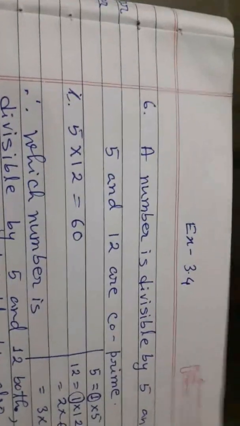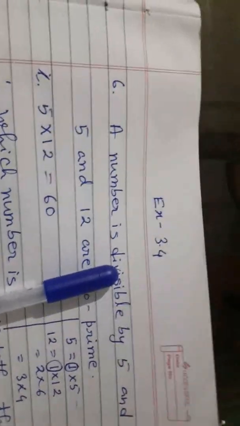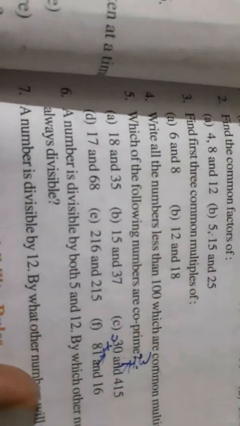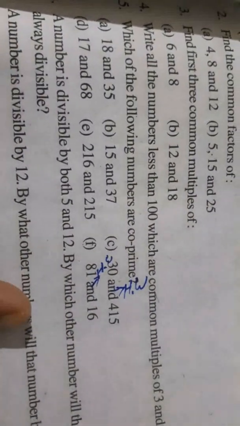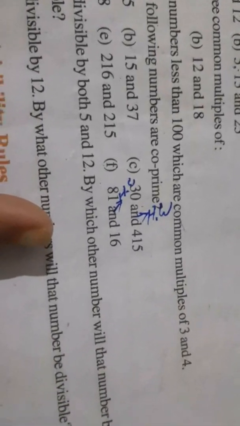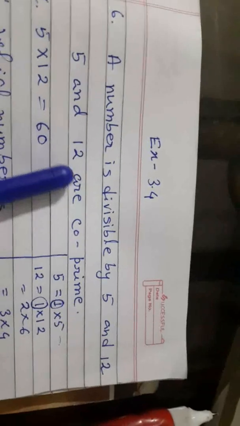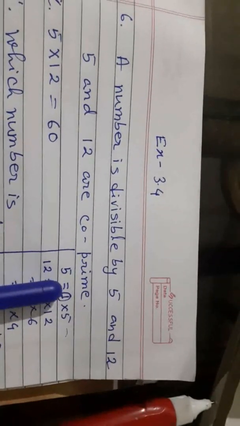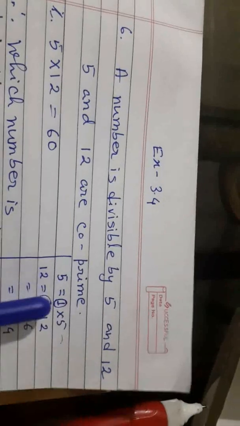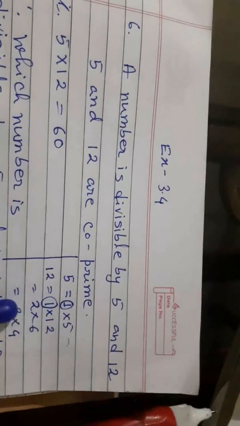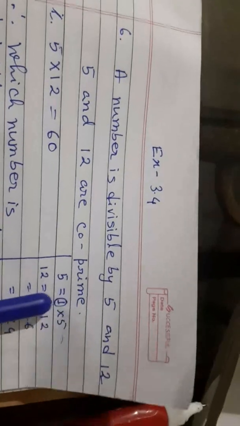Now, exercise 3.4, question number 6. A number which is divisible by both 5 and 12, by which number will that number always be divisible? 5 and 12 are co-prime: the factors of 5 are 1 and 5, the factors of 12 are 1, 2, 3, 4, 6, 12, but the common factor is 1.